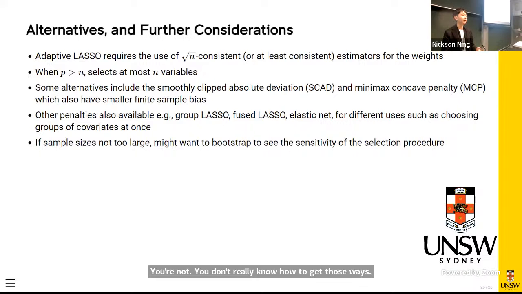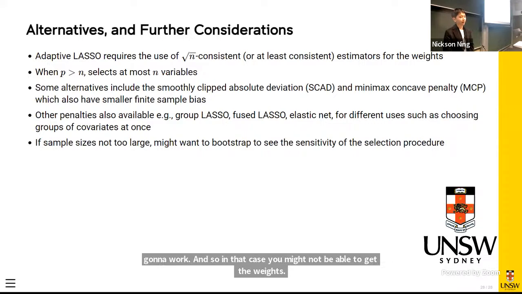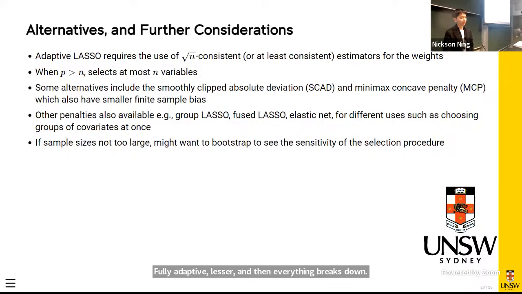For example, if you have a larger number of covariates than your sample size, then your least squares estimate isn't going to work. In that case, you might not be able to get the weights for your adaptive lasso, and then everything breaks down. That's the first and foremost, most important drawback of the adaptive lasso.